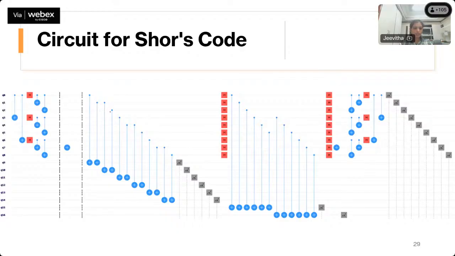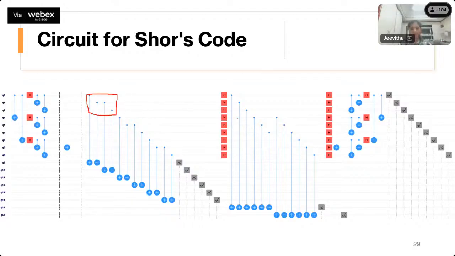Here you can see a similar pattern like we saw in the repetition code, similar to what we saw in the bit flip and phase flip repetition code. You can see the same thing has repeated thrice, so we basically divided it into 3 blocks.